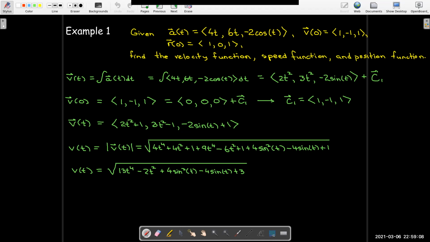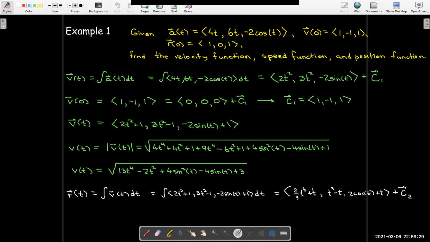All right. Now let's go to the position function, which will just be the antiderivative of the velocity function. So I have my velocity function here. Let's just take its antiderivative, one component at a time. And then I will also get a second vector of integration. So let's use the initial position to help find the components of this C2 vector.